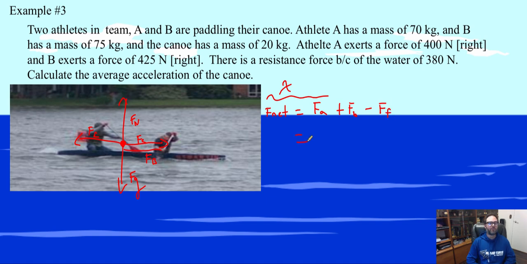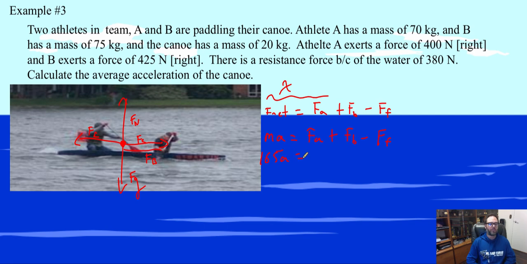We know my net force is equal to mass times acceleration. So we have mass times acceleration is equal to the force of A plus the force of paddler B minus the force of friction. My total mass is going to be 165 kilograms because we must add both the canoe and the two paddlers.